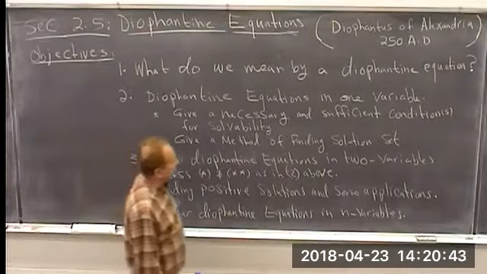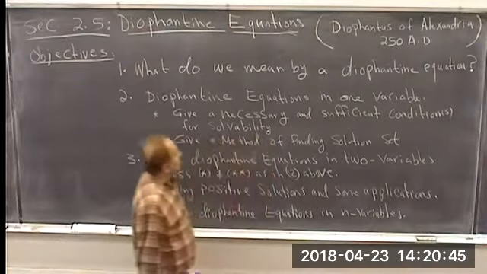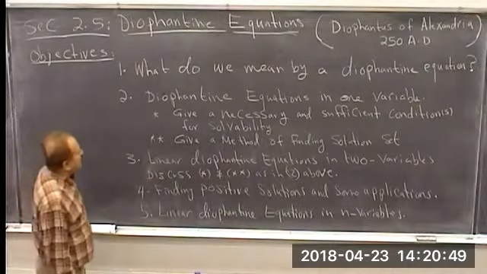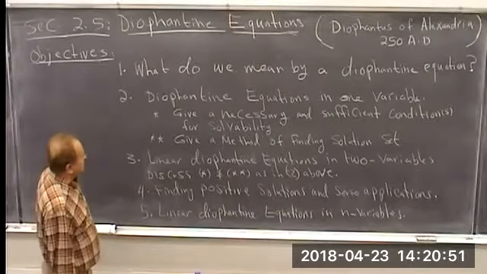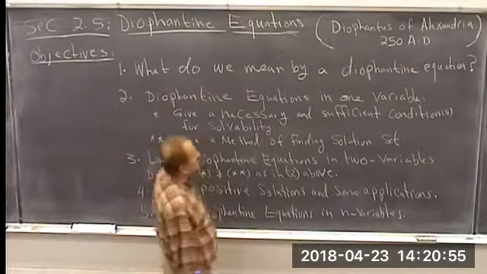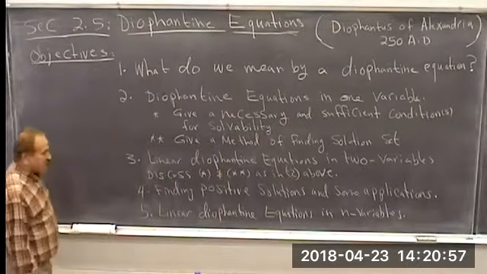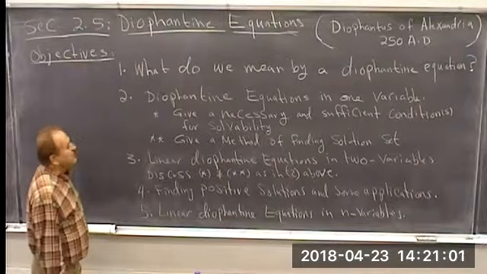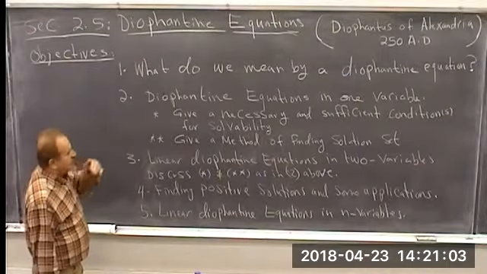a Diophantine equation. Then we're going to look at linear Diophantine equations first in one variable. Then we're going to look at Diophantine equations of degree n, or order n, in one variable.